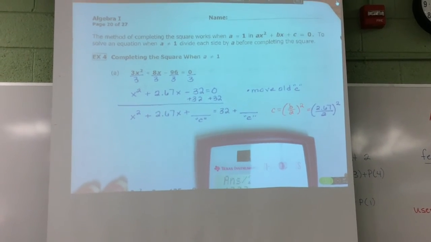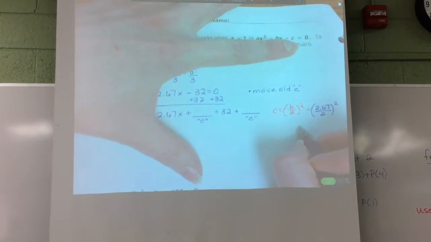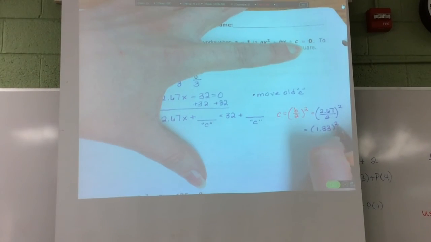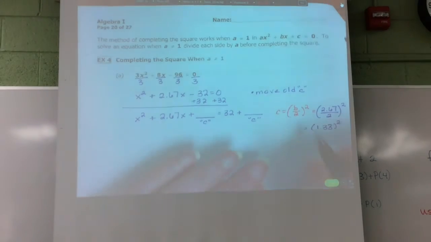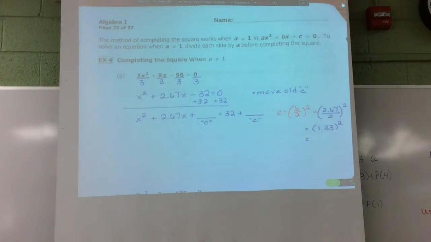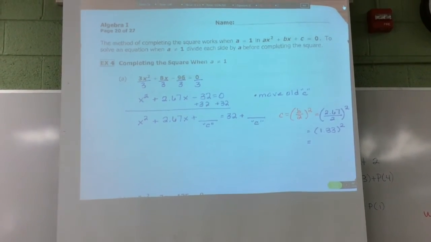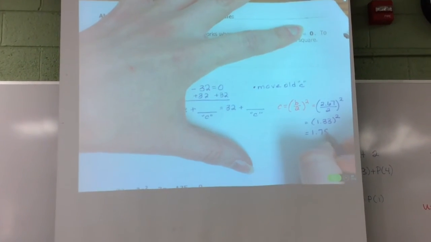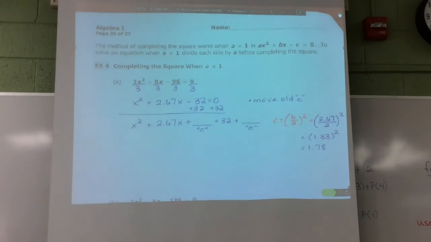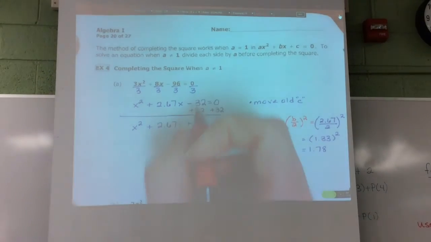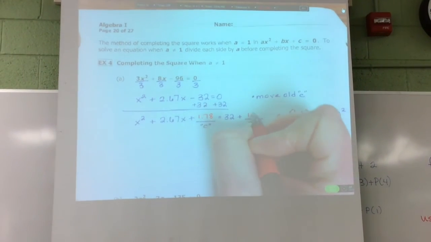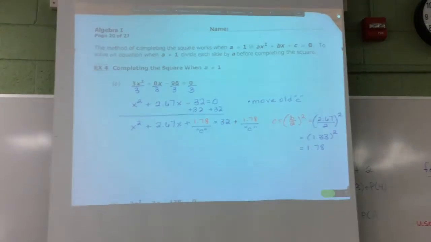I've got 1.33. All right. So this equals 1.33 squared, which equals 1.78. Okay, that's our new C. So let's add that right here, 1.78, and add it right here, 1.78.